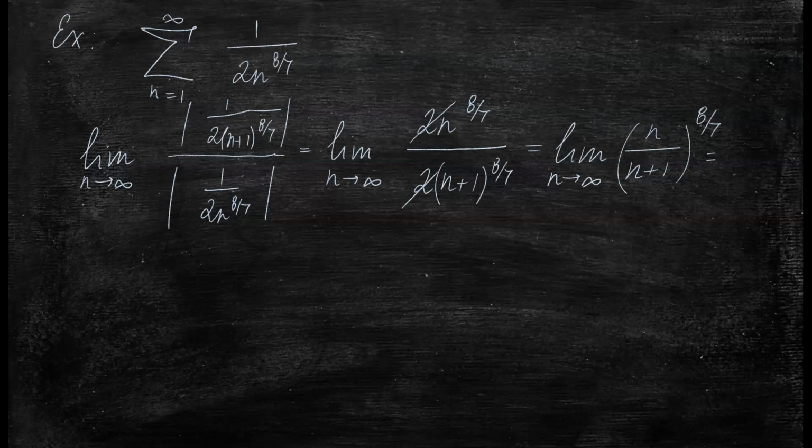And you can see that what's in parentheses is 1, and 1 raised to any power other than infinity, or negative infinity, is 1. So the test is inconclusive. What does that mean?